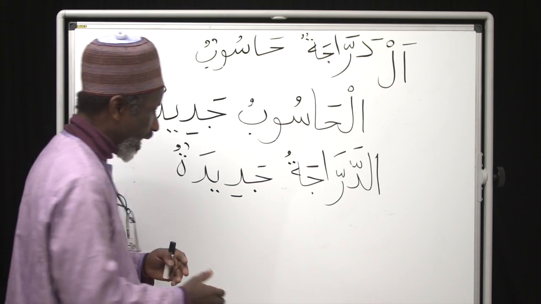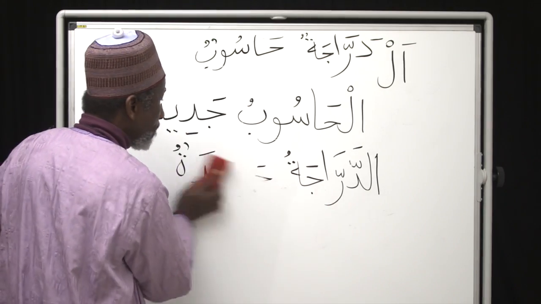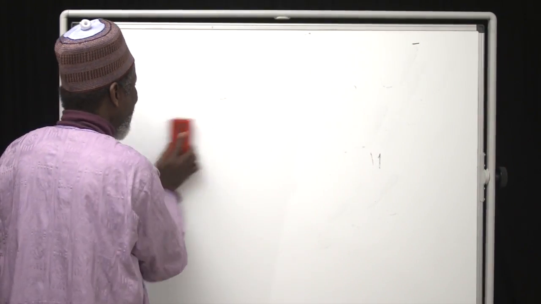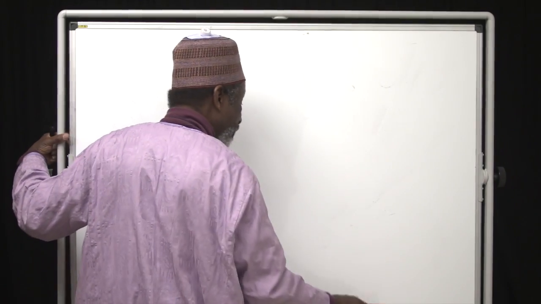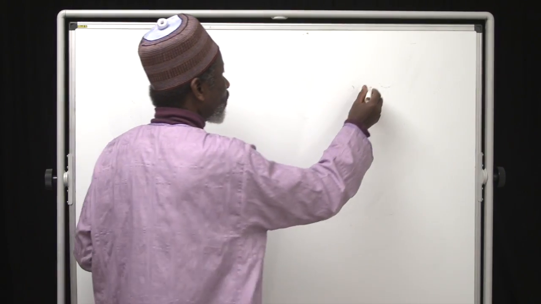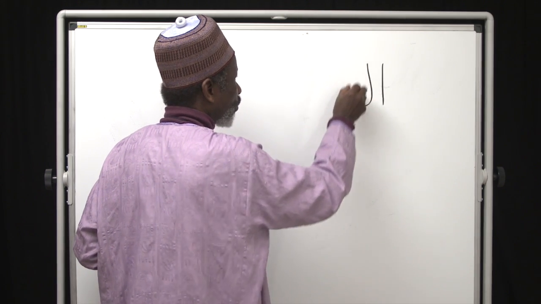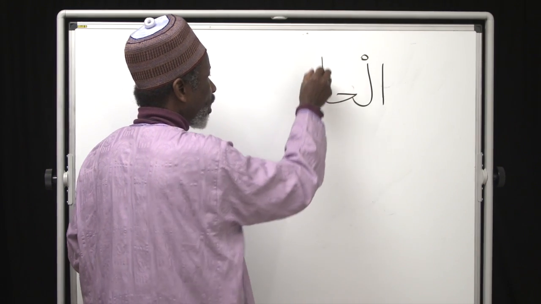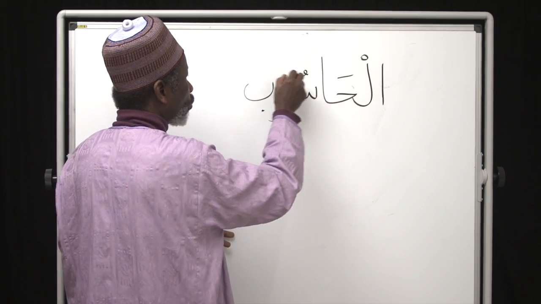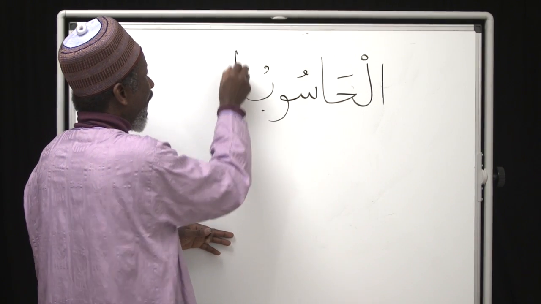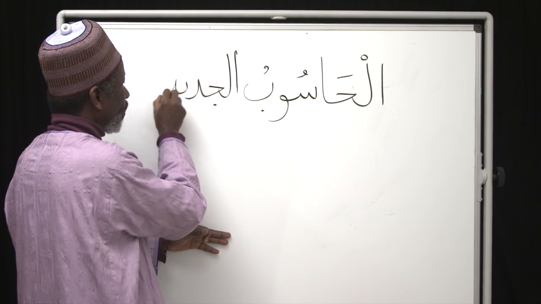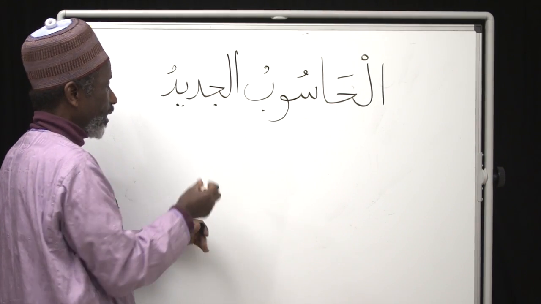To do that, let's make both the noun and the adjective defined and see what we get. Right. So I start with al-hasubu again, al-jadidu.